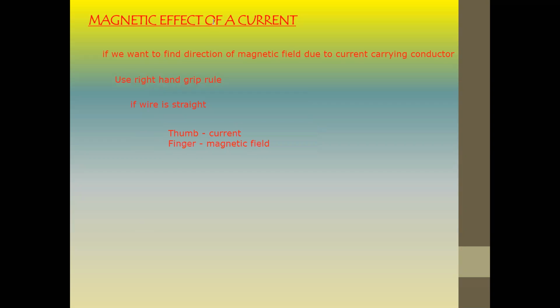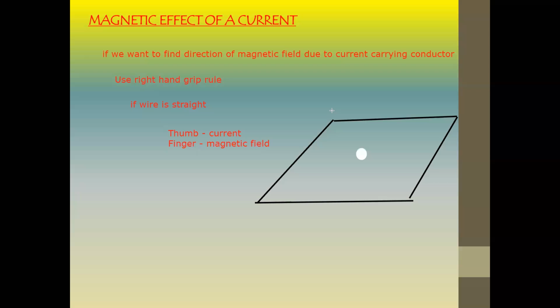For example, say you have a thin sheet, a paper, and there's a wire passing through it which is carrying a current.